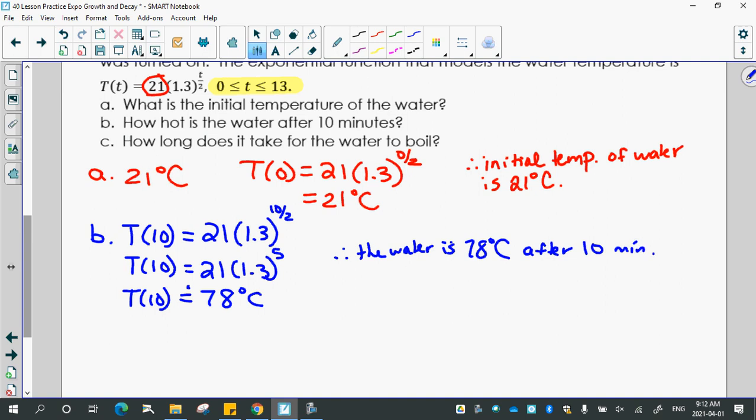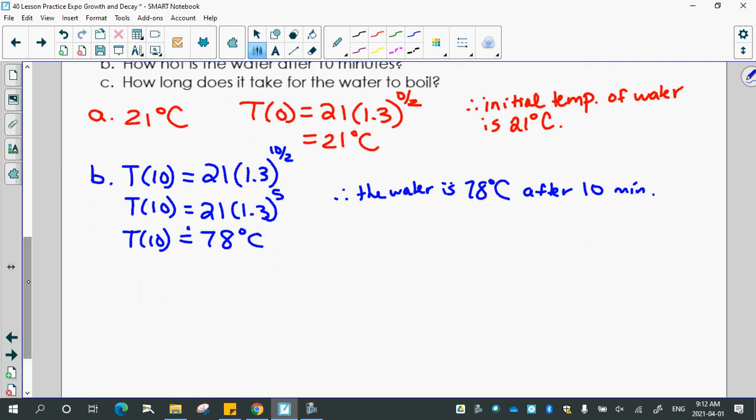How long does it take for the water to boil? So you have to know that water boils at a temperature of 100 degrees Celsius. That's our clue. It doesn't say specifically, but we have to know that water boils at 100 degrees Celsius. And then we've got our formula. T at T equals 21 times 1.3 to the T over 2.